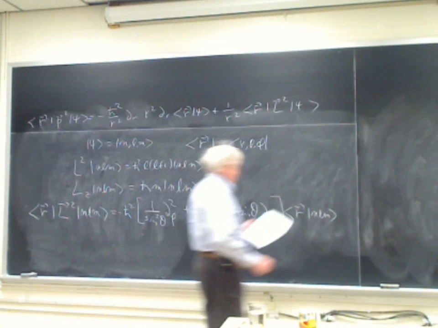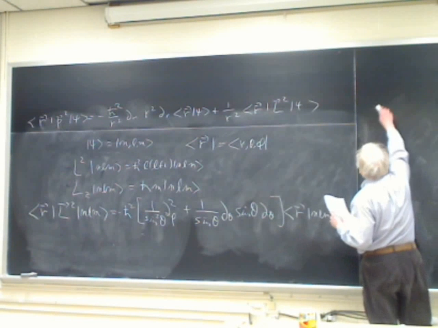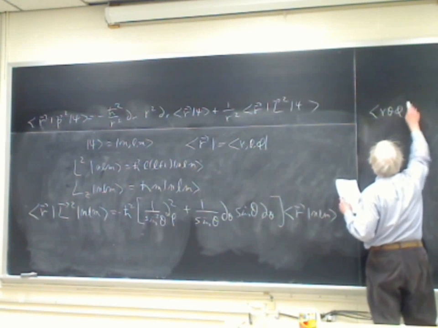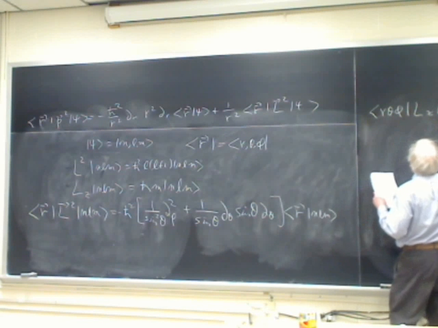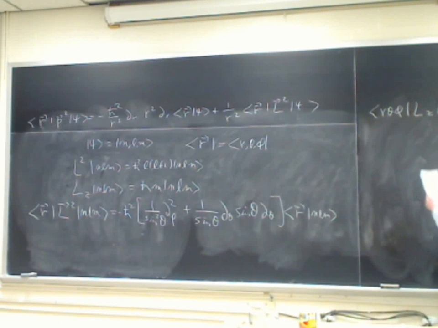We also, all right, a couple more review things. <r theta phi|L_z|n l m> is h bar over i d phi of <r theta phi|n l m>.